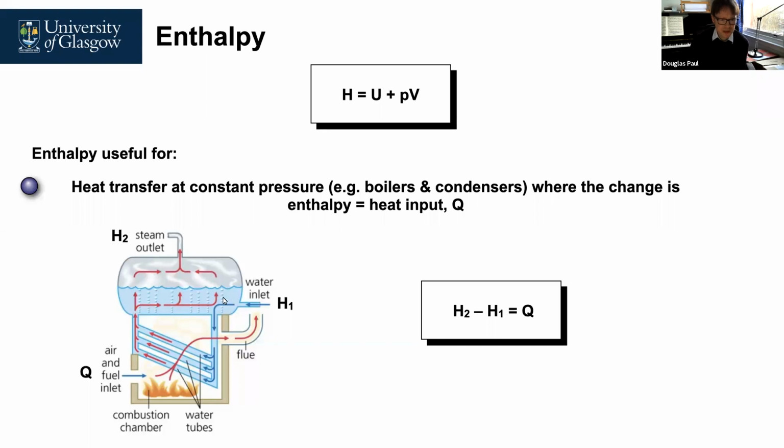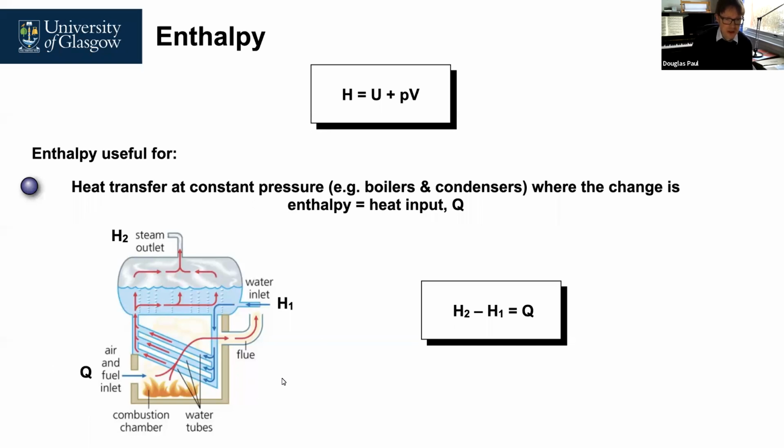So if we look at a steam engine where we've got water and steam in a system, the output enthalpy of the system minus the input enthalpy equals the heat that we actually put into the system.